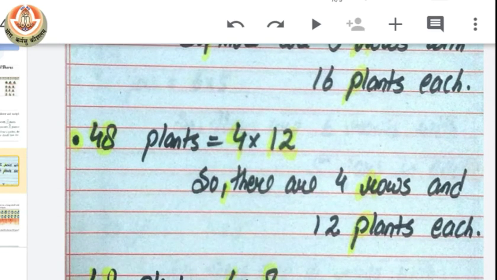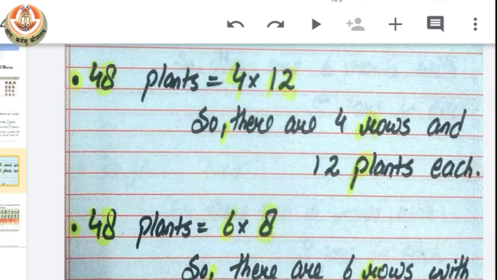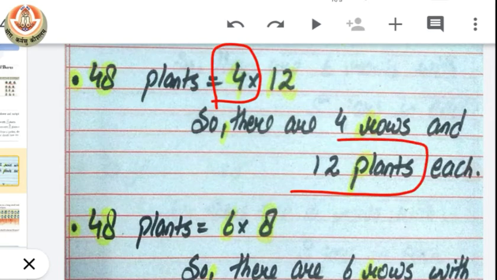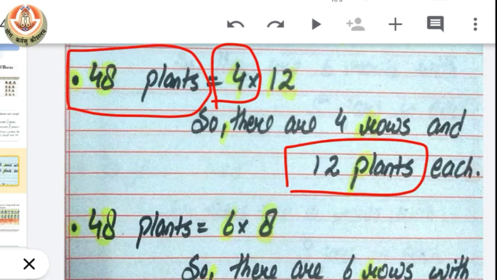Now, what if we want to make the total number of rows equal to 4? Then there will be a total of 12 plants in each row. So that means we will have a flower bed of 48 plants.